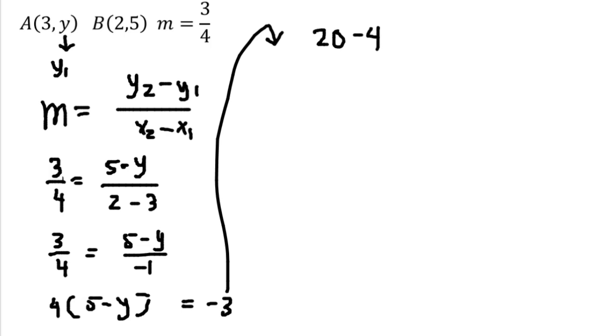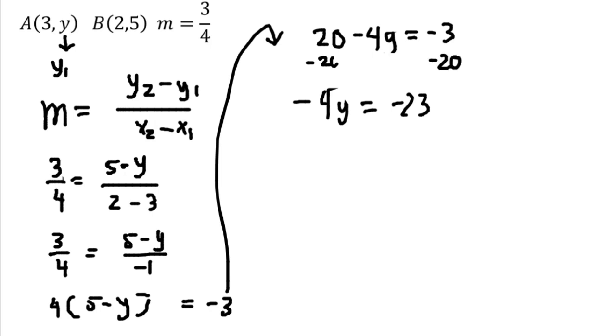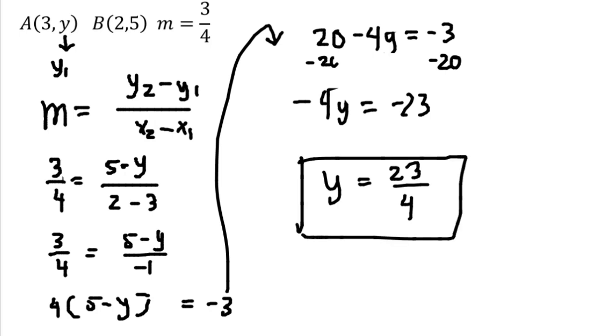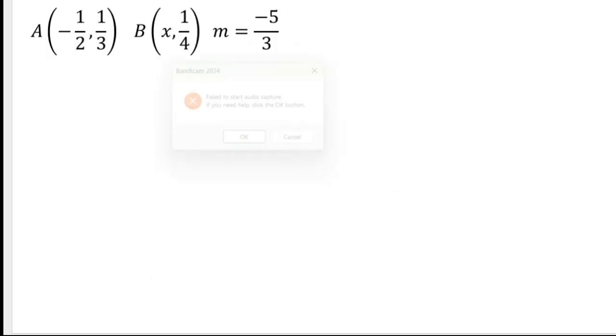So we got 20 minus 4y equals negative 3. So we got negative 4y and then negative 23. So what I do is transfer it to the right side and it becomes negative. So we got 23 over 4. So that is the value of y.